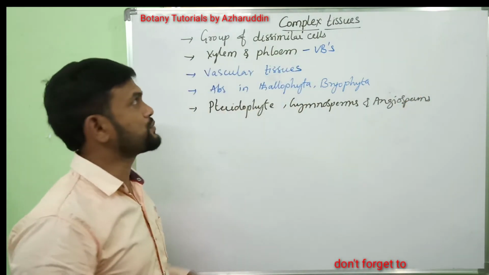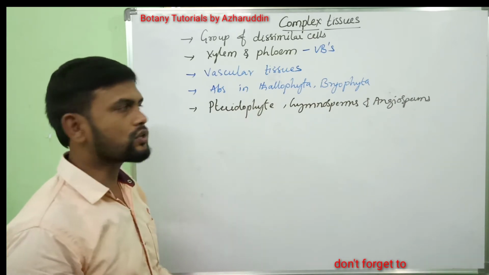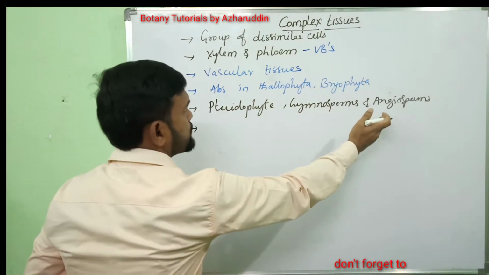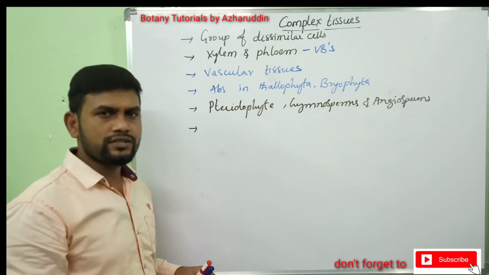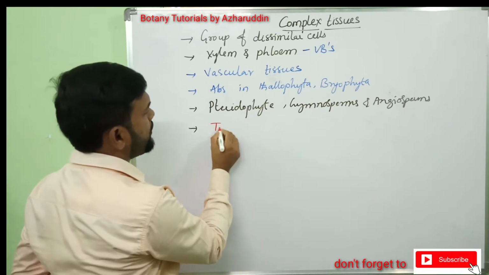These groups of plants possess vascular tissues. That's why they are also called tracheophytes.